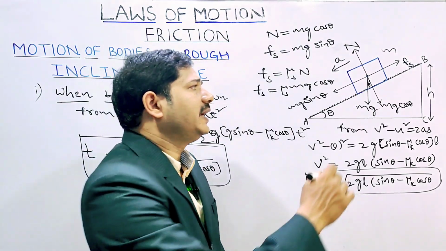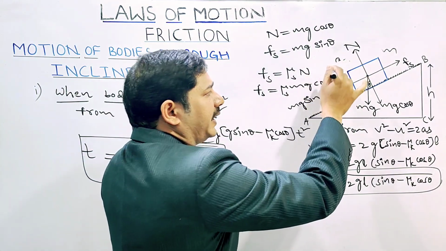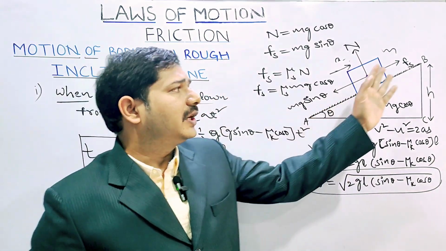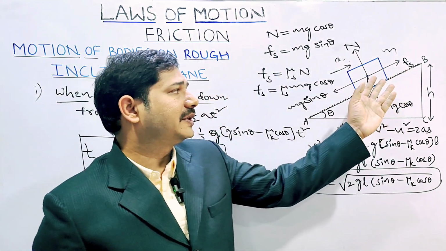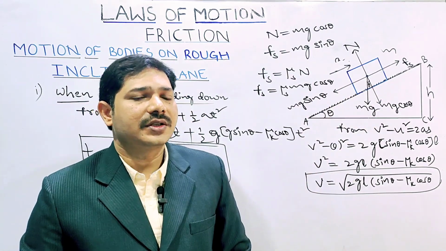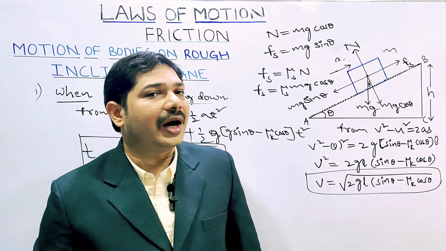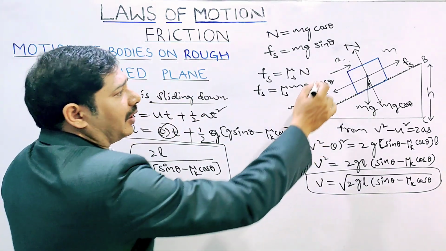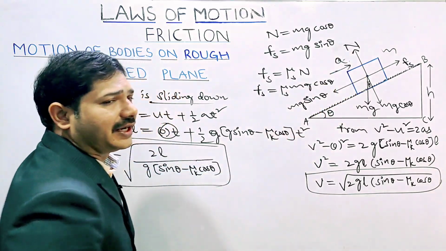If the body is sliding up, then what happens? The resultant force F equals minus mg sin theta, with the motion of the body in the upward direction. The body is moving up with acceleration a.